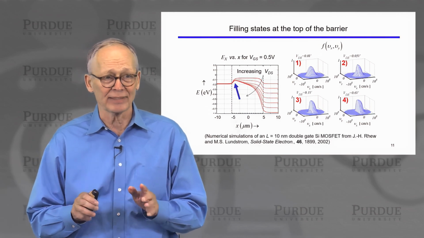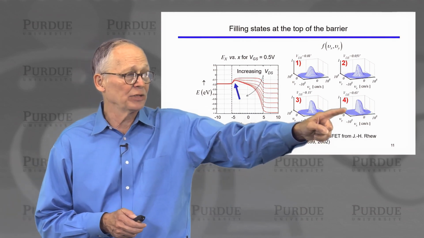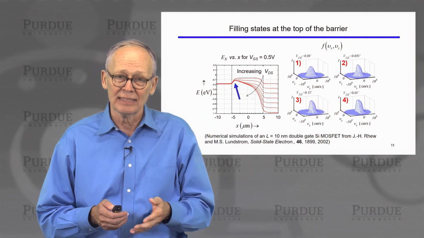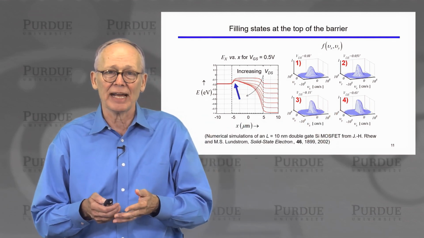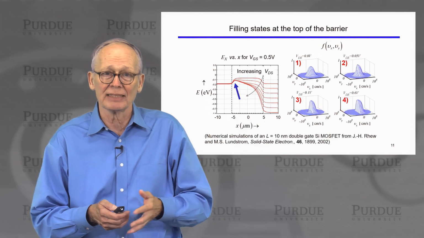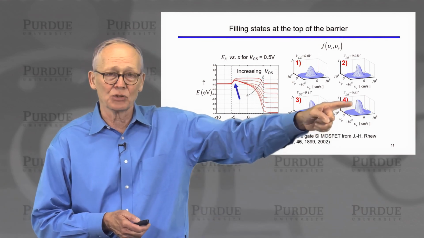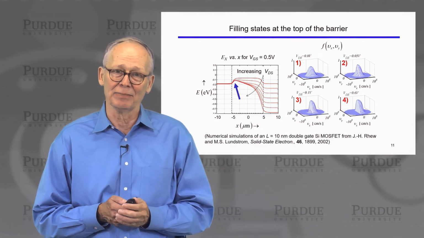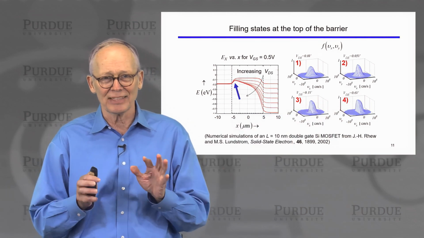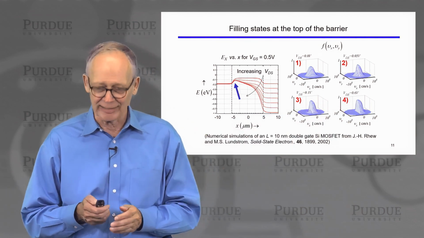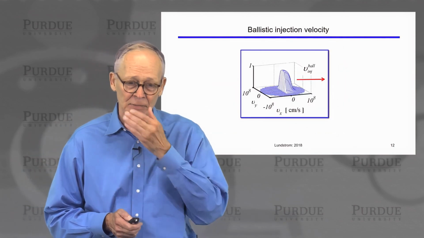That always has to be the case. If I have only positive velocity electrons, the MOSFET has to react by pulling the barrier down a little bit, letting more positive velocity electrons in, such that the total charge is what the gate demands it to be. So there's some really interesting physics you can see by looking at these results closely.